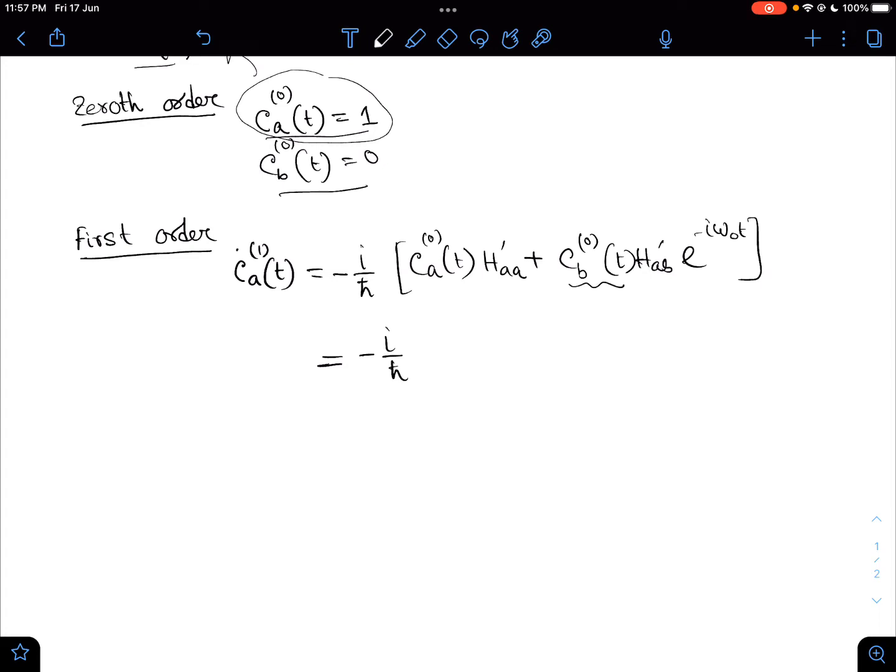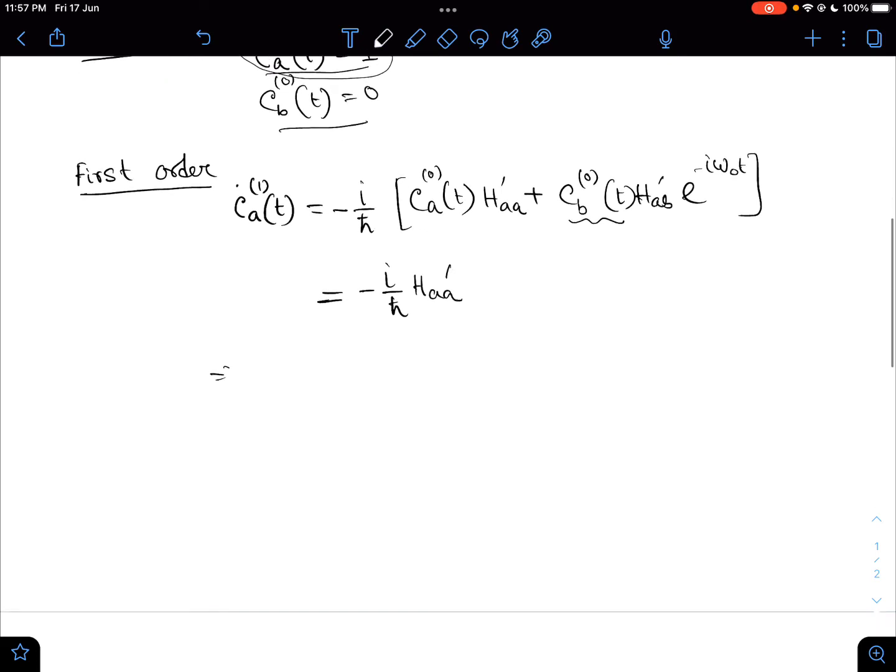This term is 0, so we are left with minus i by h cut H_AA prime. So c_A in first order correction will be minus i by h cut times the integral of H_AA prime at t prime dt prime.